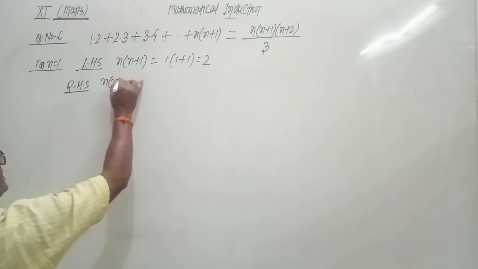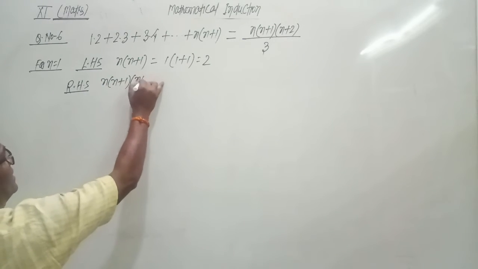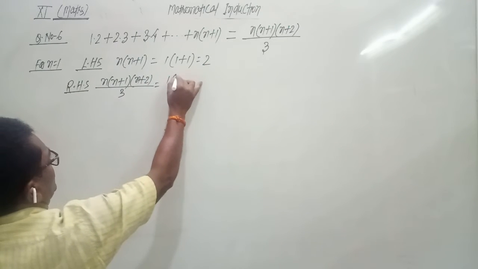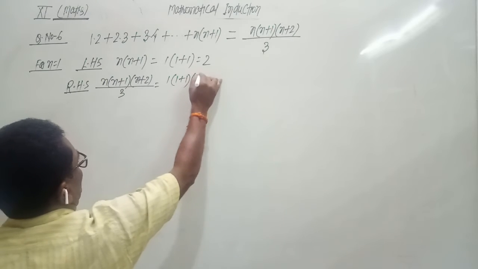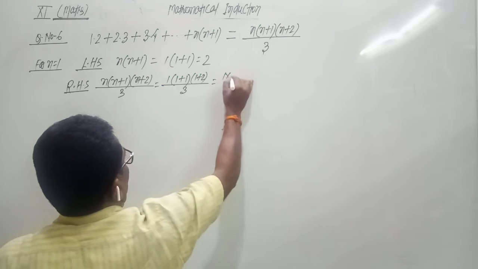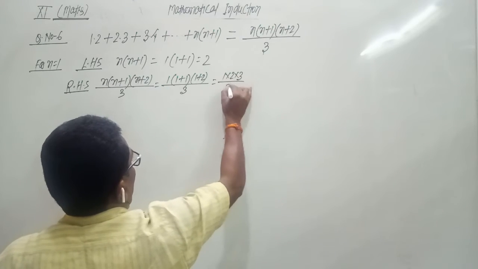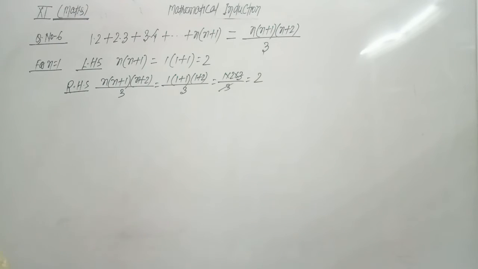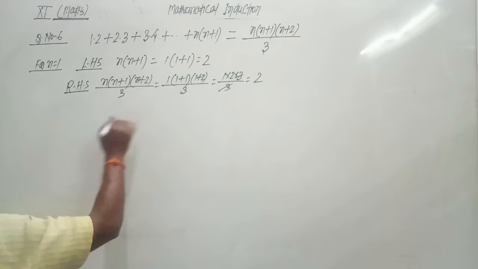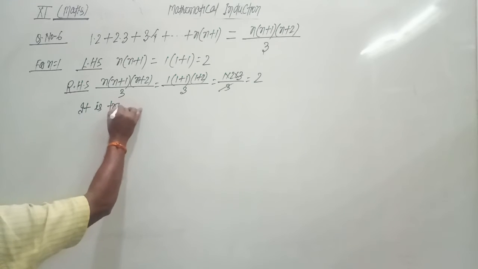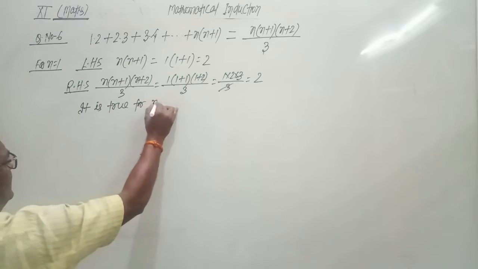So n into n plus 1 into n plus 2 upon 3: 1 into 1 plus 1 into 1 plus 2 upon 3. So 1 into 2 into 3 upon 3, 3 and 3 cancelled and we get 2. So for n equals to 1, LHS equals to RHS. So it is true for n equals to 1.